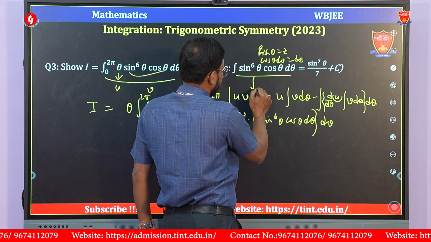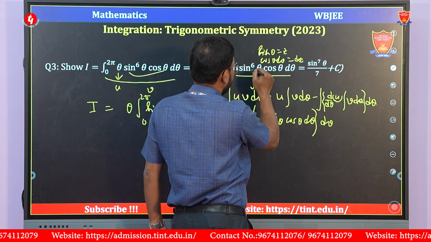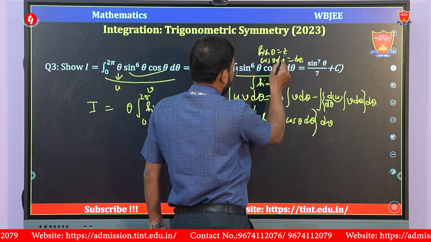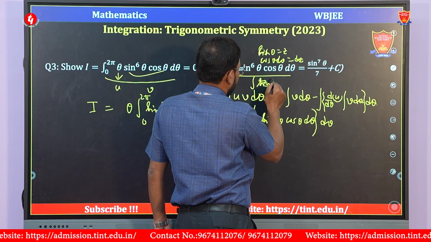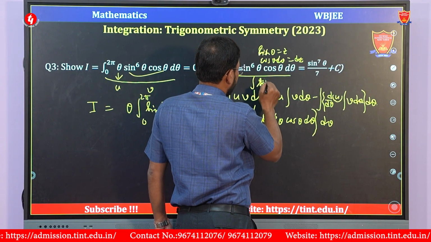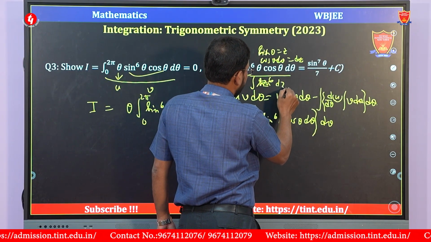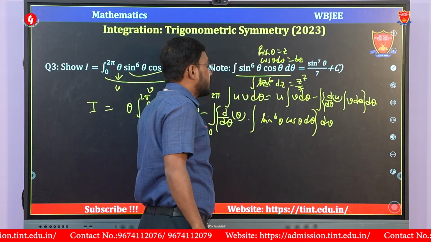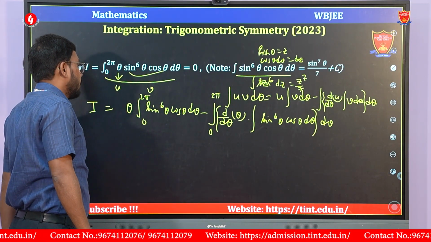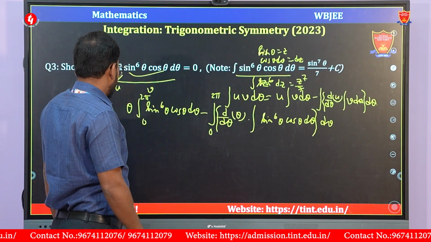So, this is the integral of z to the power 6 dz, so z to the power 7 by 7. So, sin 7 theta by 7, clear.